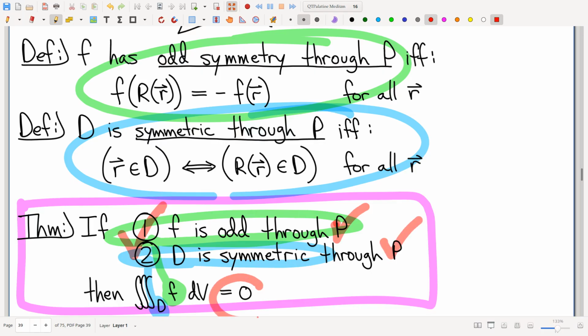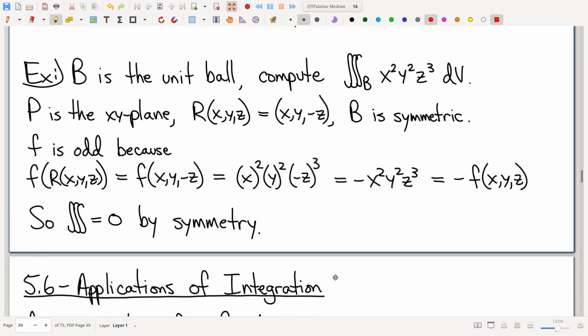Your integral is equal to 0 by symmetry. Same exact result, same exact, 1 dimension different, right? But morally equivalent. Okay, so nice little example here.